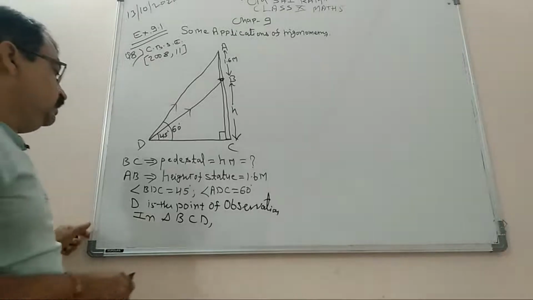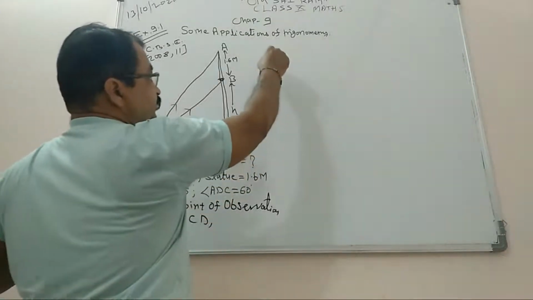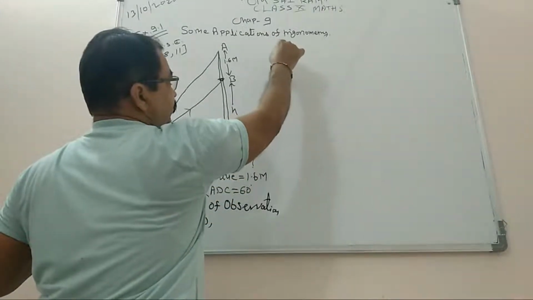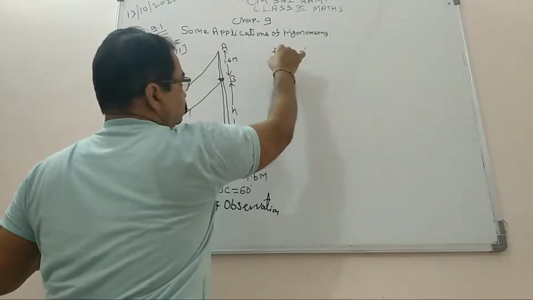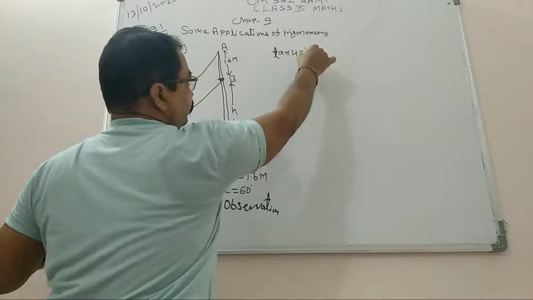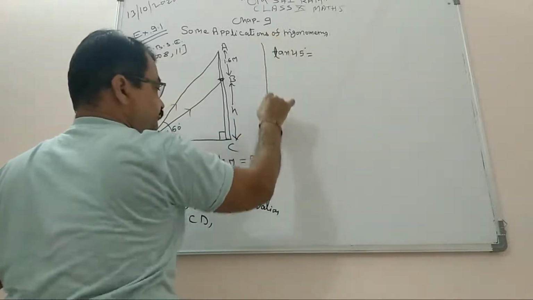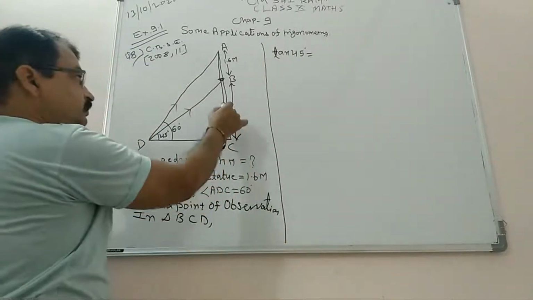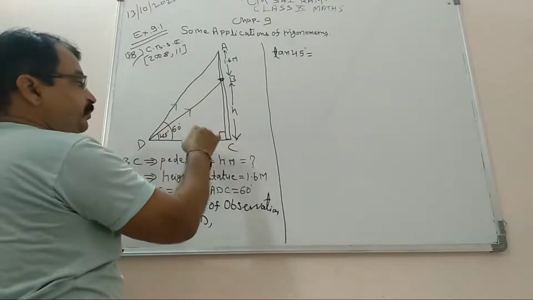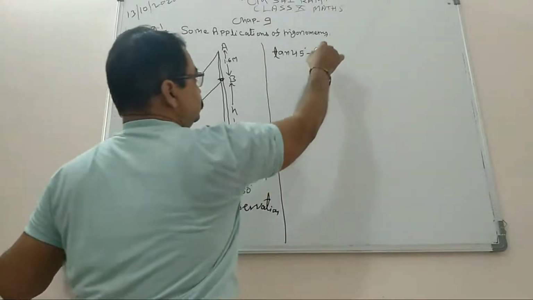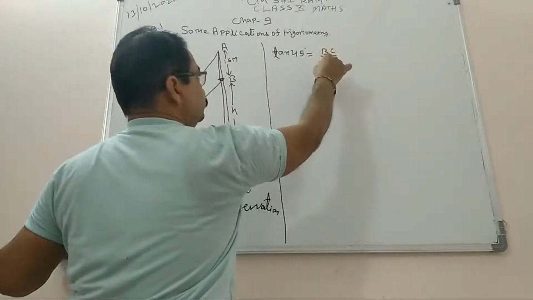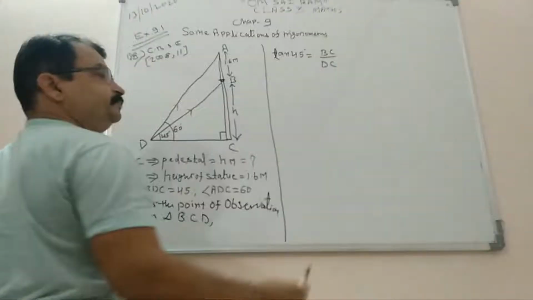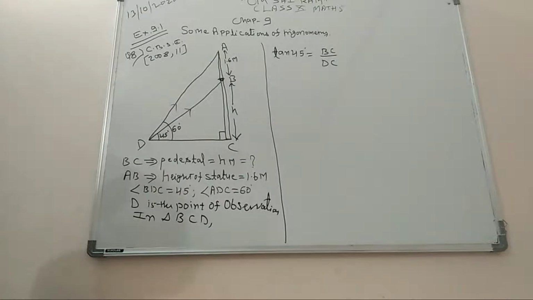So I'll take, children, tan 45 degree, right, children? Tan 45 degree is what? Opposite upon adjacent or perpendicular upon base, that is BC upon DC, children, right? Now, what is the value of tan 45 if you go through the trigonometric table?